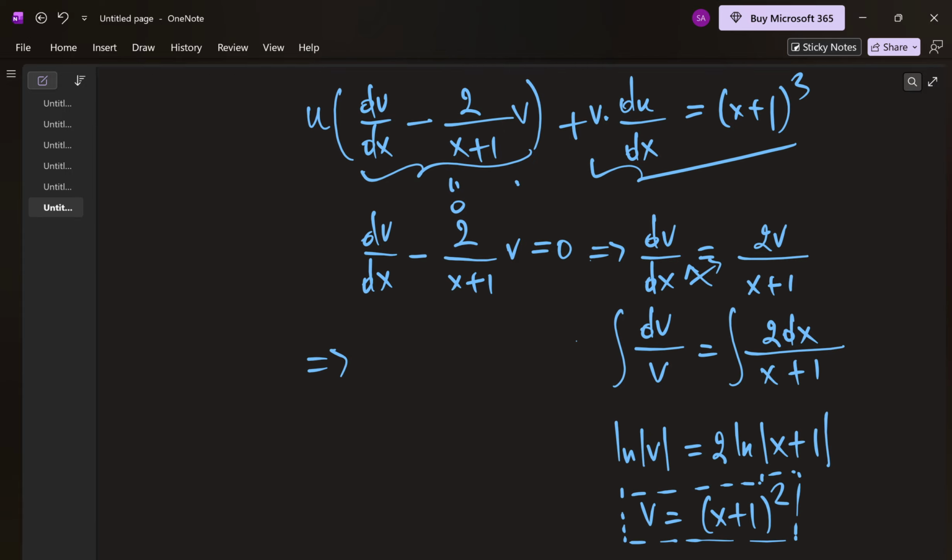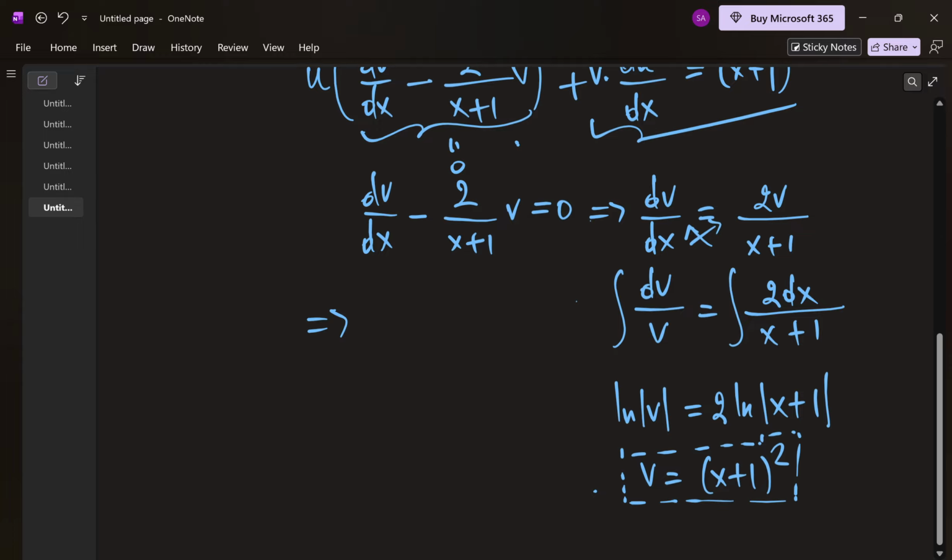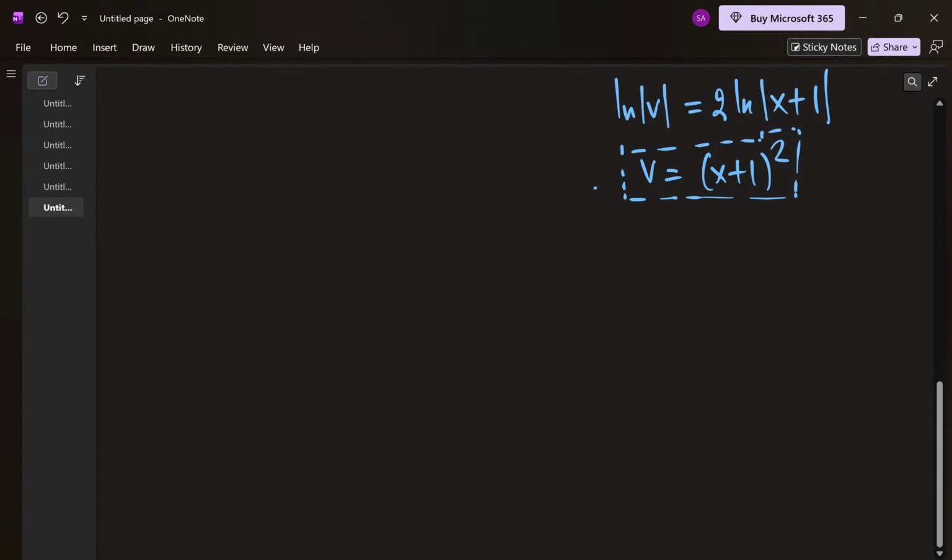So now we have v times du over dx is equal to x plus 1 to the power 3.